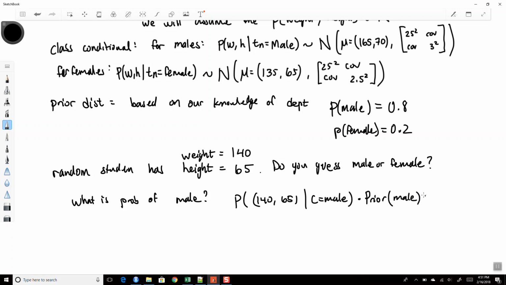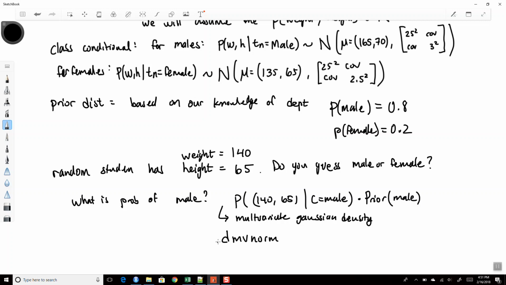This part requires the multivariate normal density, or multivariate Gaussian density. This is the same as dnorm, except, oh man, it's already 450. We would do dmvnorm.